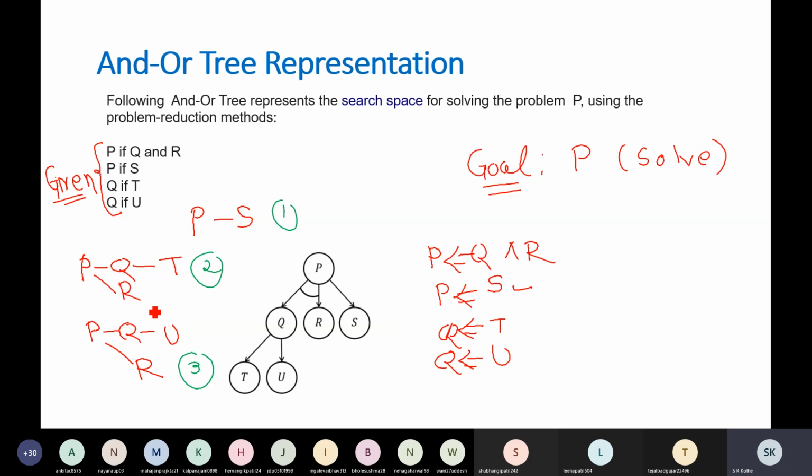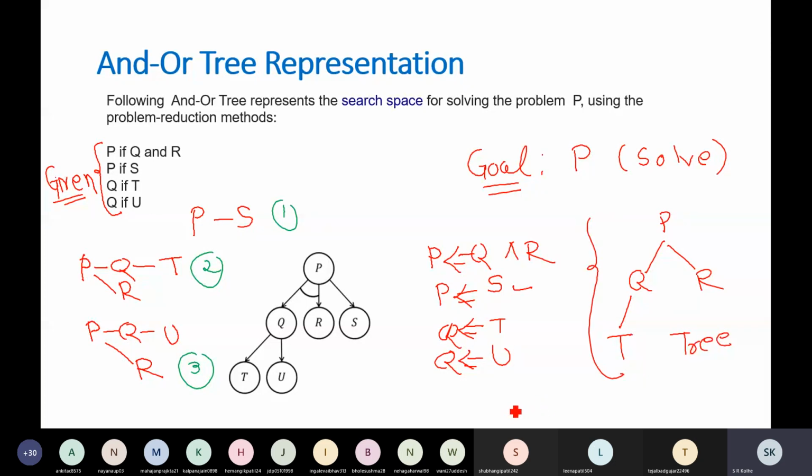For example, this is one of the solution paths. So you are going from P to Q as well as R. If you redraw this, it is something like this. What is this? This is a tree, right?